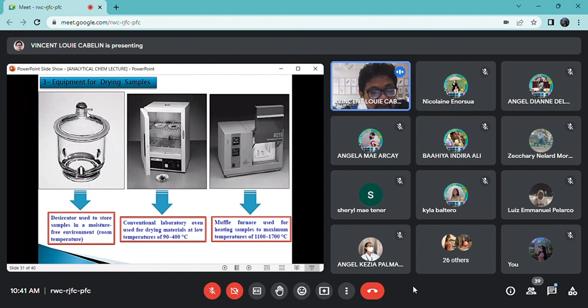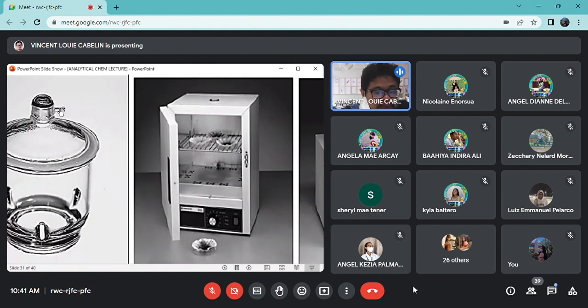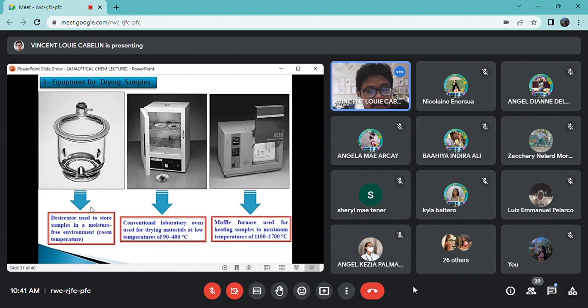If you notice, there is a portion where you could put a hose in, and then it can be suctioned at the faucet. So you could vacuum the inside of this. That's a desiccator. It's used to store samples in a moisture-free environment.